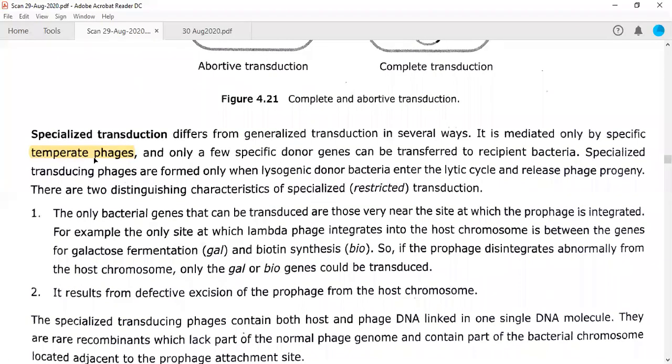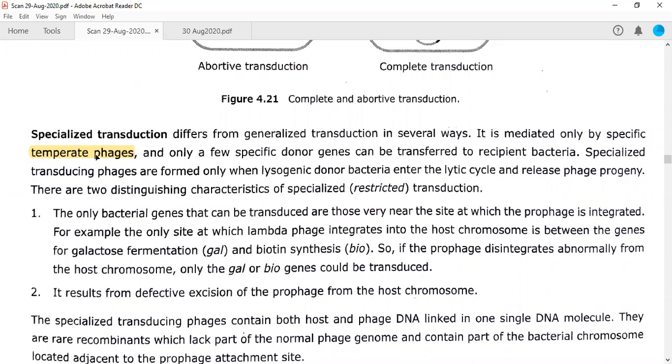And then for some generations, actually, they will remain integrated. And then after some time, when the DNA is copied, they will excise their DNA out of this bacterial chromosome and then pack the bacteriophages and then do the lysis process.